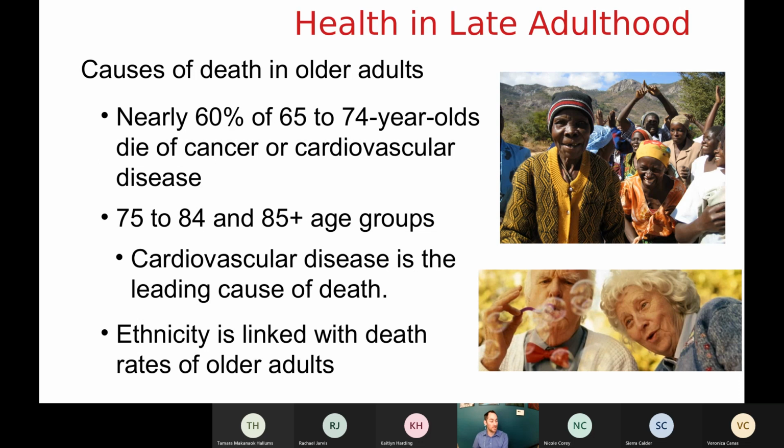Ethnicity is also linked with death rates of older adults, and for that, hopefully you remember we've talked about how sometimes it's really hard to distinguish ethnicity versus socioeconomic status variables, and this is one of those cases too. So socioeconomic status is linked with earlier versus later death rates. If you have the money to get medical care and proper nutrition, proper housing, you're probably going to live a little longer than someone who doesn't.